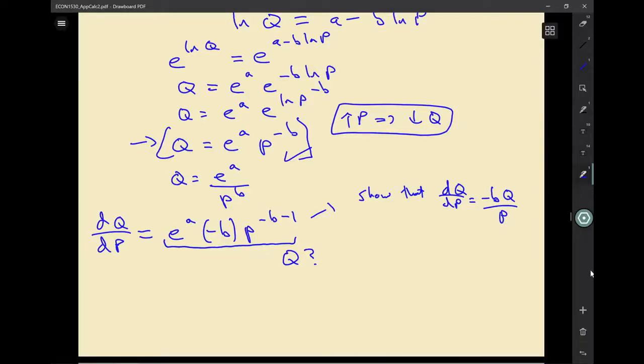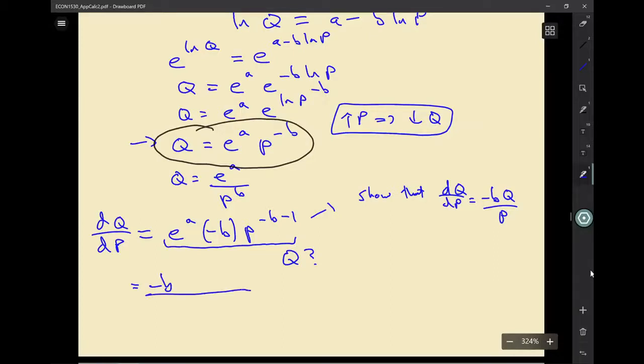But I do have a q lurking in here, and the q is from right here. If I rearrange the numerator, we can have negative b over p. P to the negative 1 is 1 over p. e^a p to the negative b. And if you look closely, you can see that's what we have in the numerator.